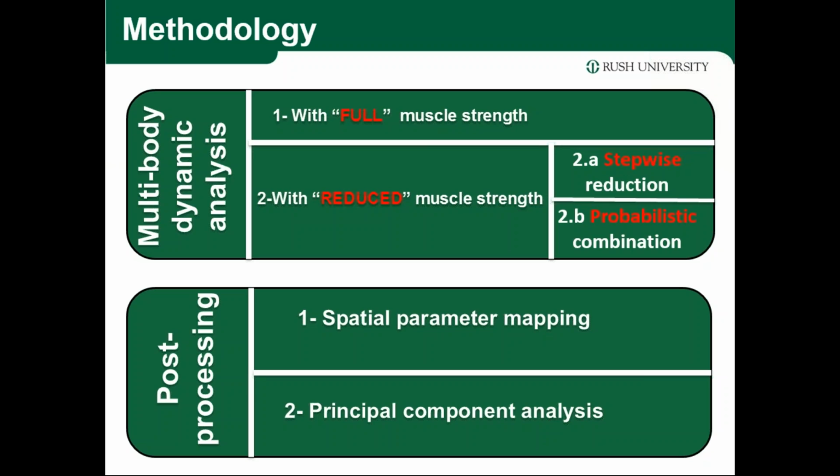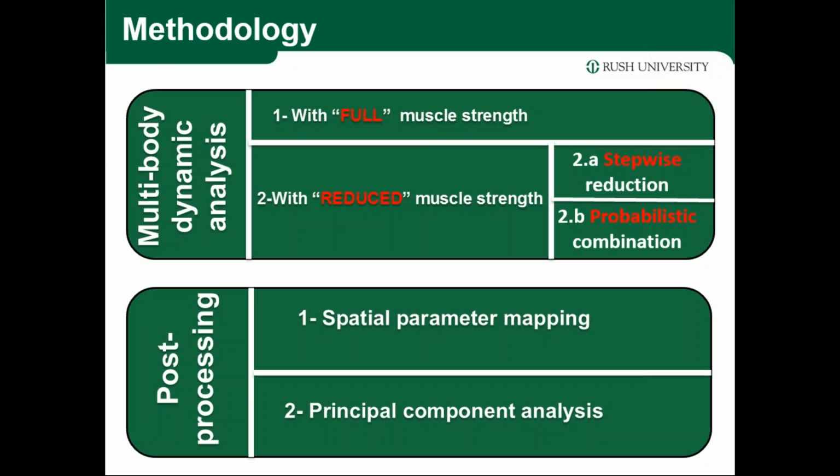We have done two post-processing stages in order to compare the simulated joint and muscle forces from full strength simulation to reduced strength simulation. We use statistical parametric mapping and principal component analysis as two post-processing stages. I'm not going to review the details of these two techniques, but all the details are available in the publication.